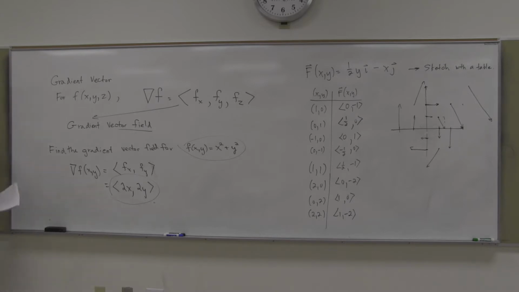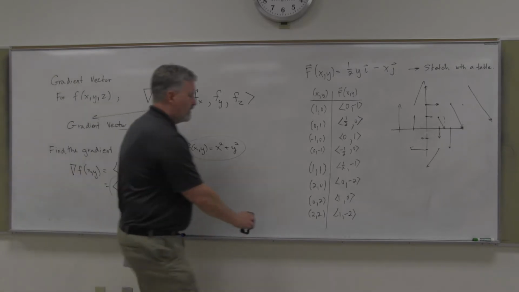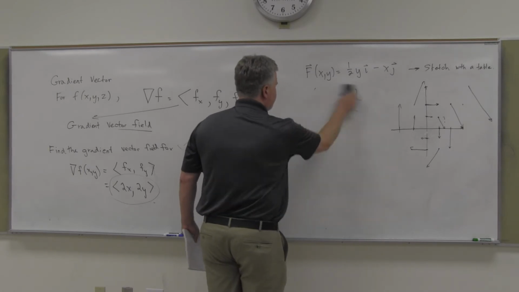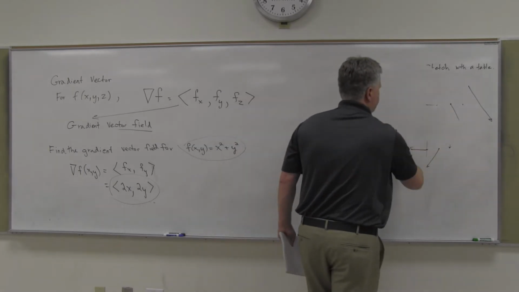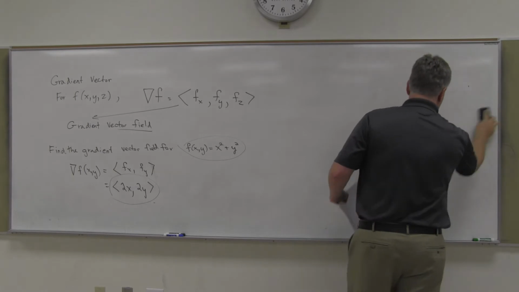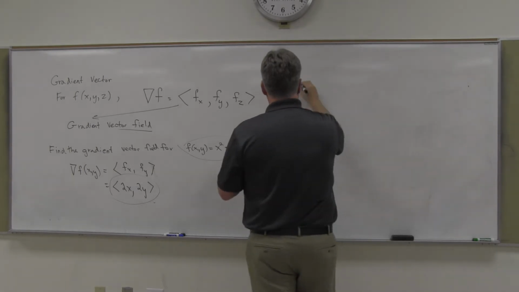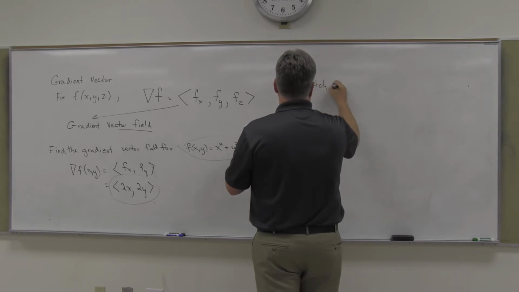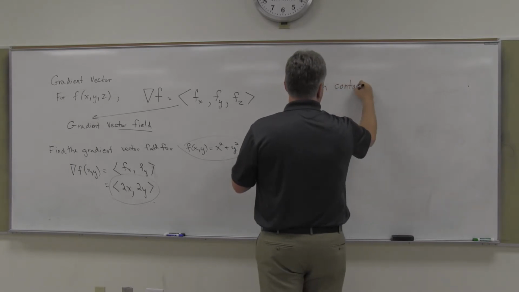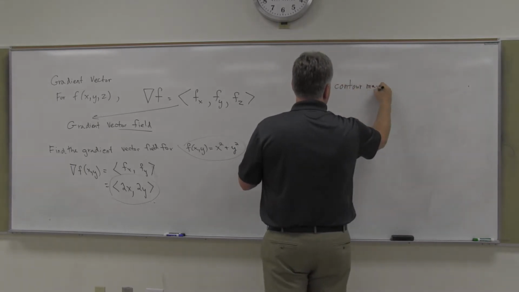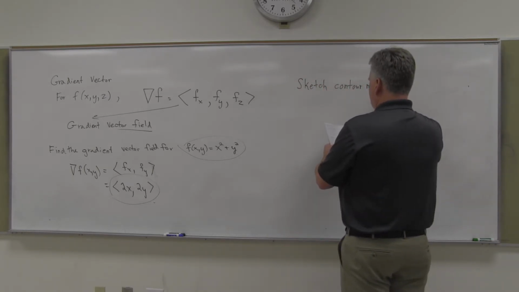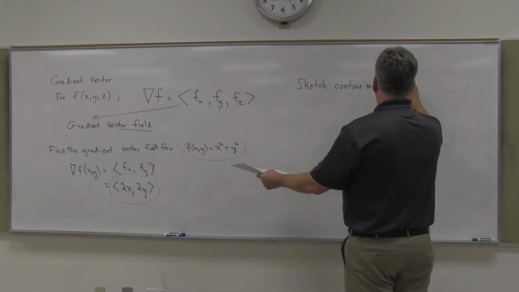If I graph this, some level curves, let's sketch the contour map, let's call it, level curves, and the gradient vector field.